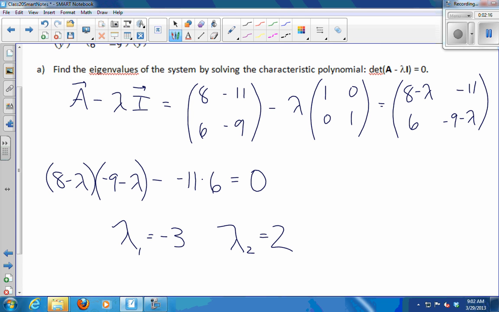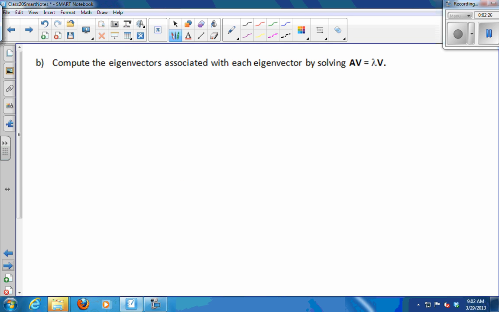Okay, so we have my two eigenvalues. I have to find the eigenvector associated with each one. Eigenvectors are vectors where, when you plug them in, this is the direction in the direction field. A times a vector gives you the direction, and it has to be a multiple of the vector itself. Those are the vectors that lie on the straight line solutions. So let's use lambda 1 equals negative 3.